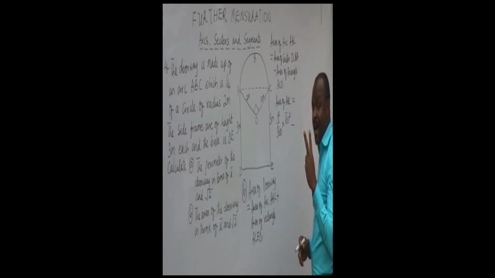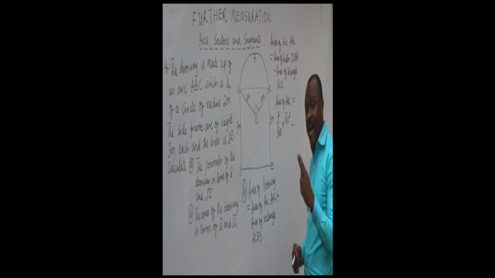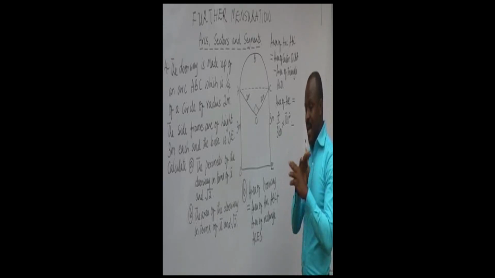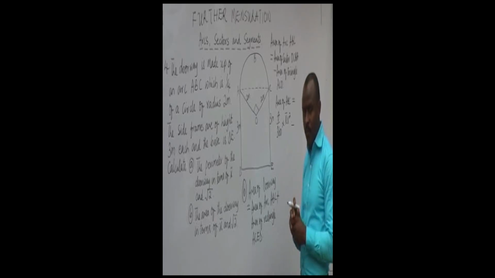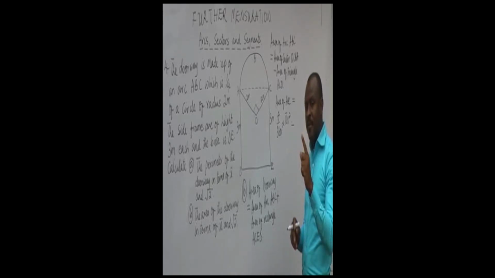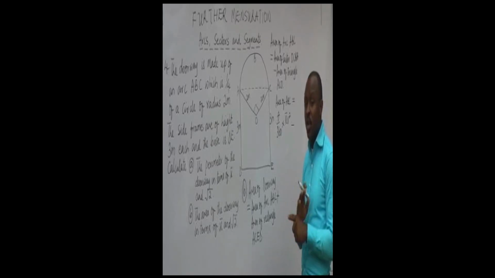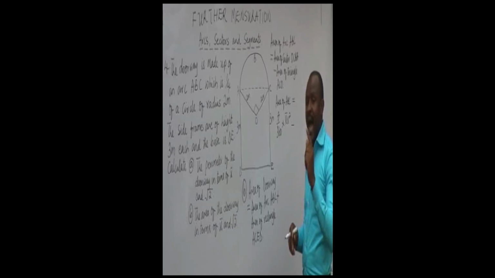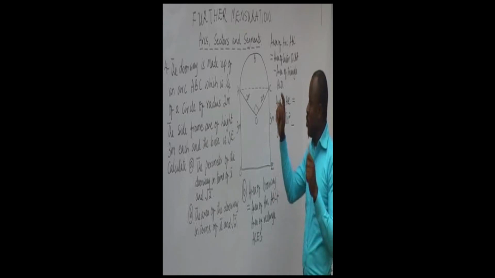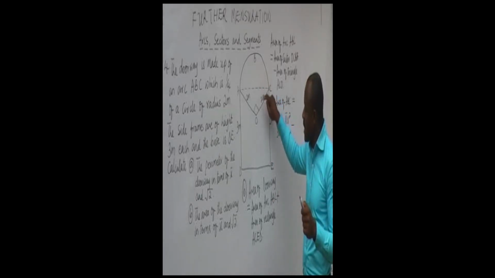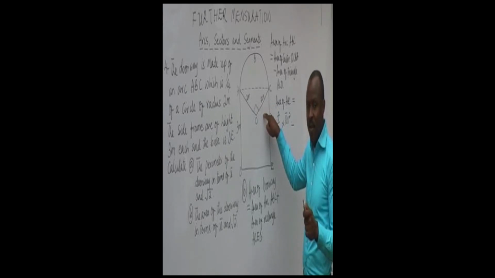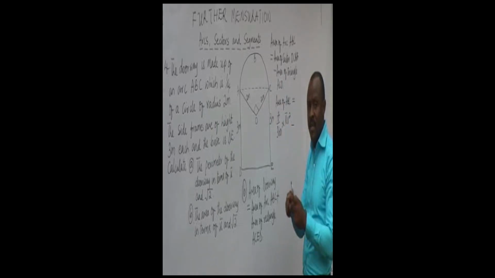There are two ways to find the area of a triangle. If the height of the triangle is clearly shown, you can use half base times height. But when the value of the height is not available, you go by half times the product of two sides of the triangle, times the sine of the angle made by the two sides.